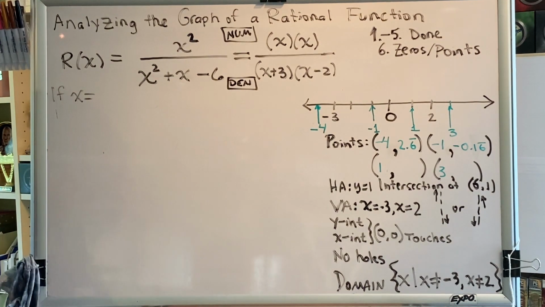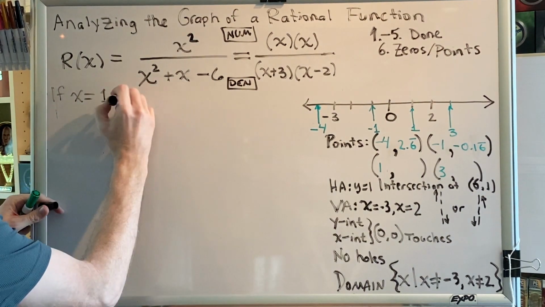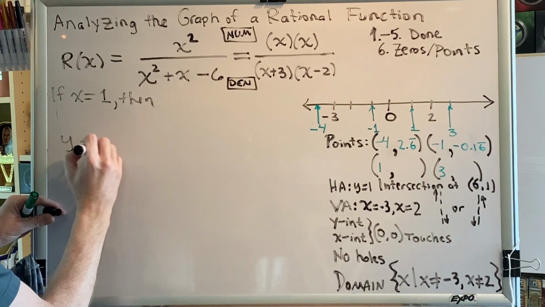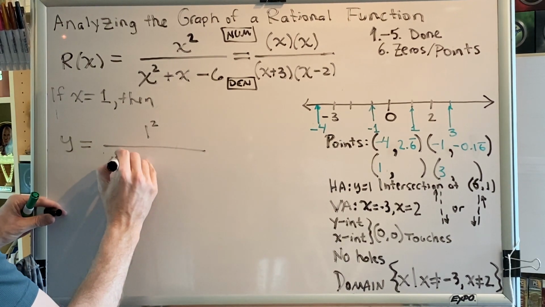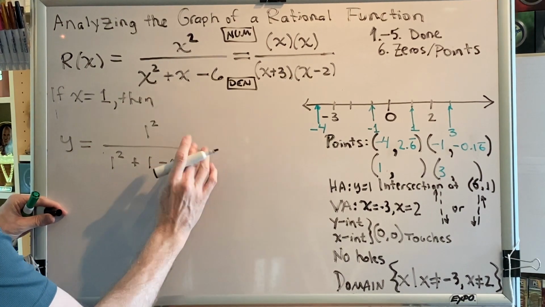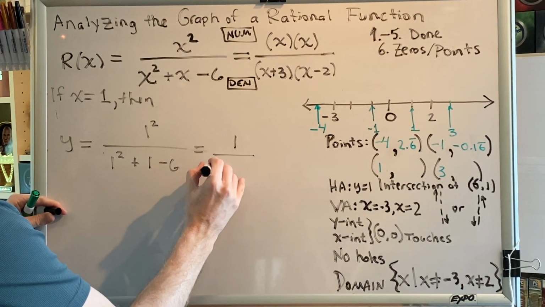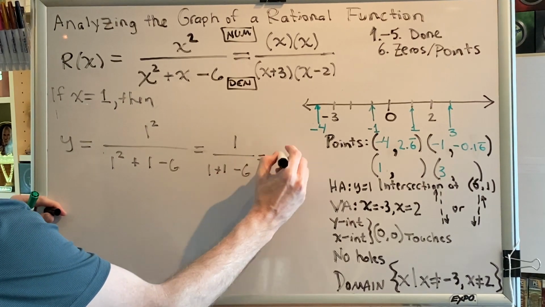Next value is 1. If x equals 1, then r of x, or in this case y, would equal 1 squared over 1 squared plus 1 minus 6. 1 squared, of course, is 1 in this spot and this spot, plus 1 minus 6.